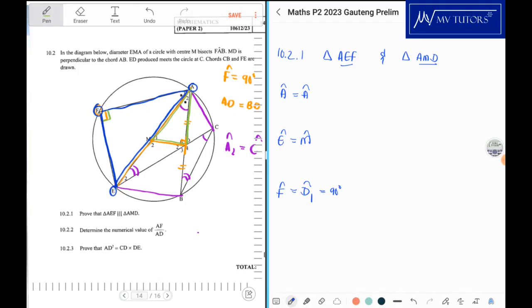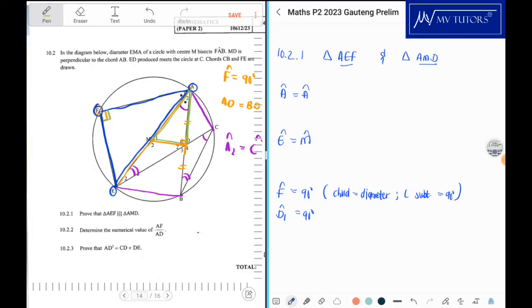But firstly, I needed to start with F. How do I know that F is equal to 90 degrees? So if your chord is a diameter, angle subtended is equal to 90 degrees. Okay, and also D1 is equal to 90 degrees.